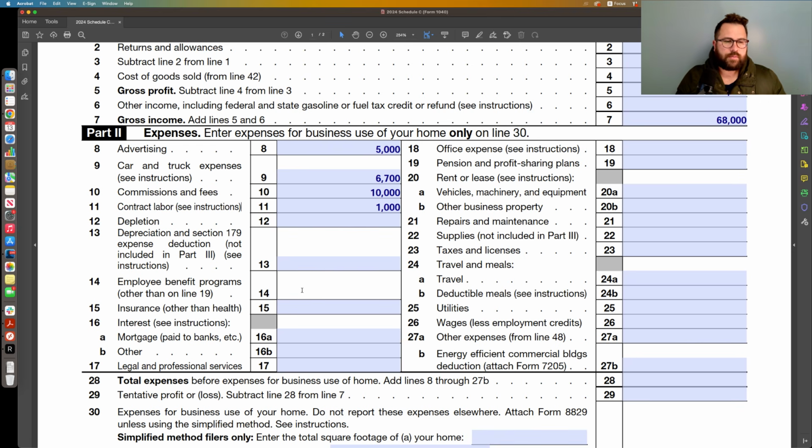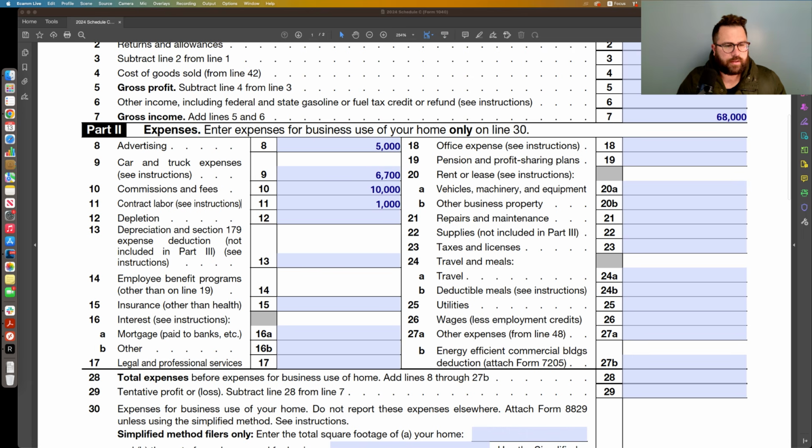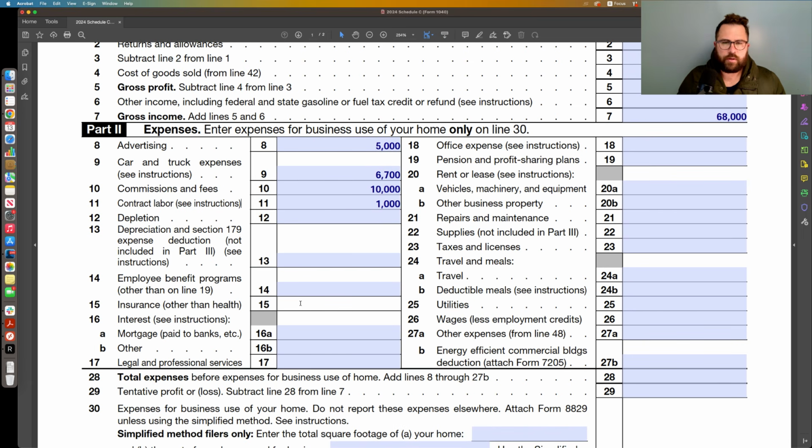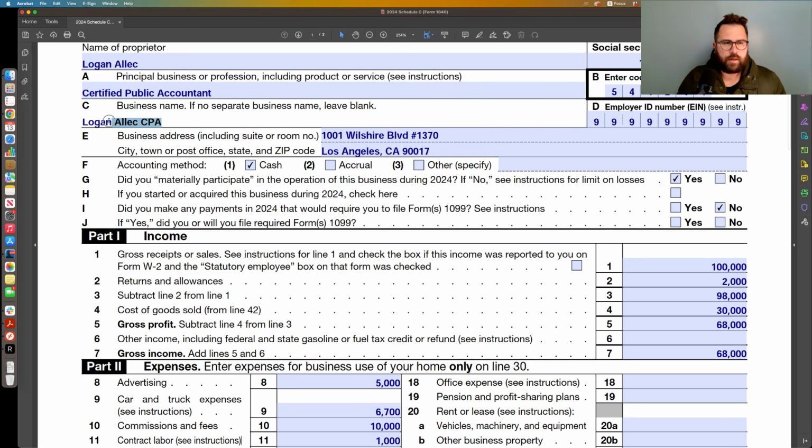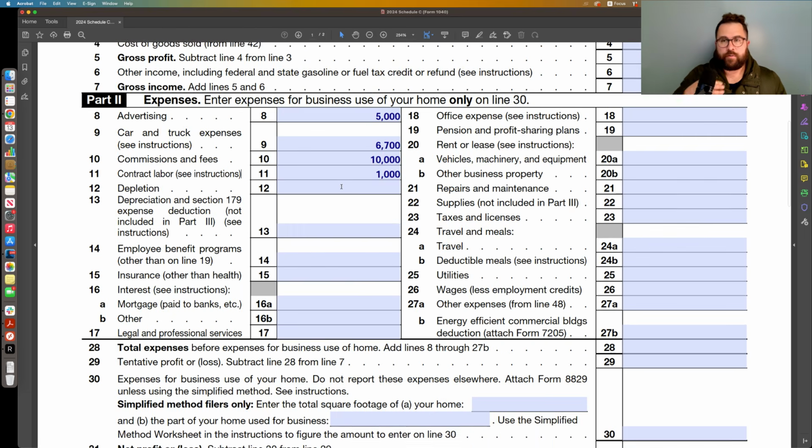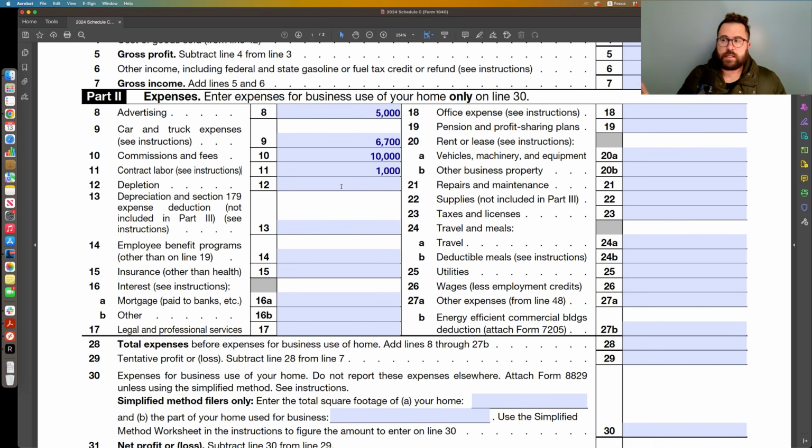Employee benefit programs. That's non-pension related employee benefits, like maybe a group health or life insurance plan. Insurance other than health. For example, if I'm a CPA, I have to pay for, amongst other kinds of insurance, something called E&O insurance, errors and omissions insurance.